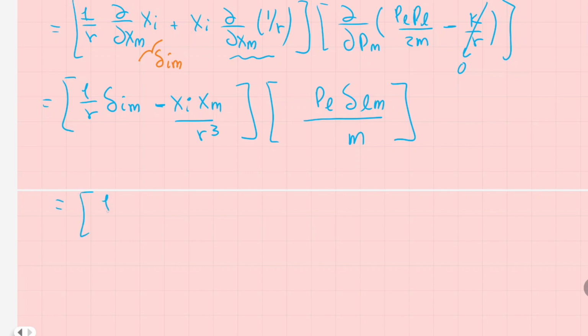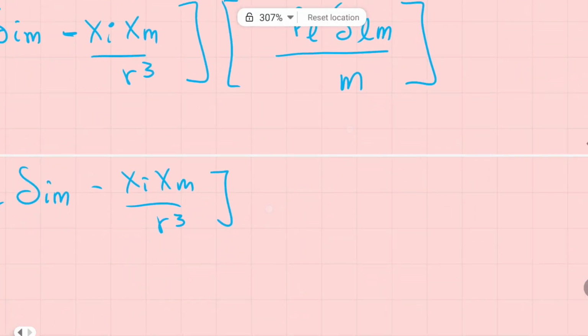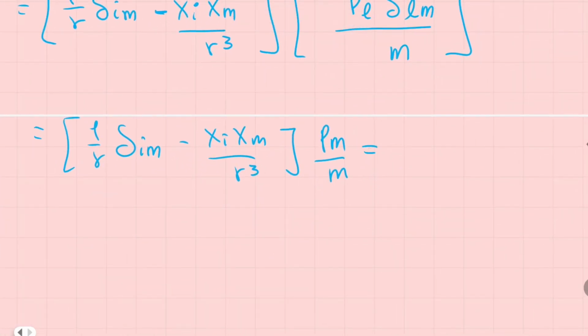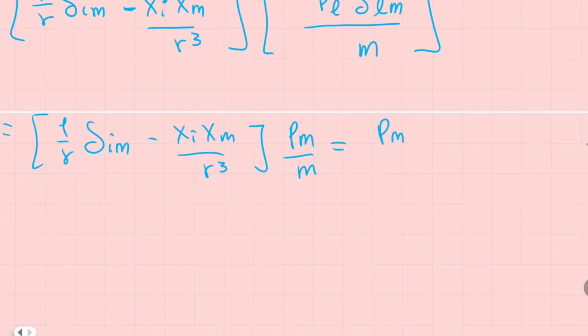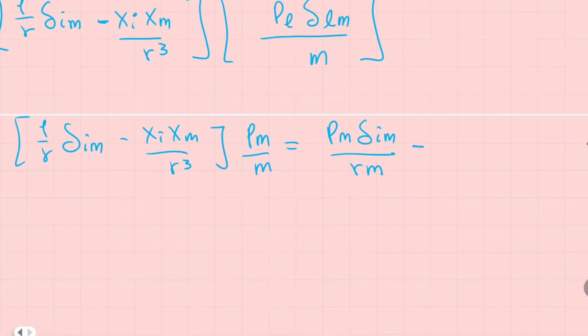This is 1 over r Kronecker delta Im minus xi xm over r cubed, and here, since we have a Kronecker delta Lm, just the term Pm is going to survive. So we have here Pm over m, and this is equal to Pm Kronecker delta Im over rm minus xi over mr cubed times xm Pm.